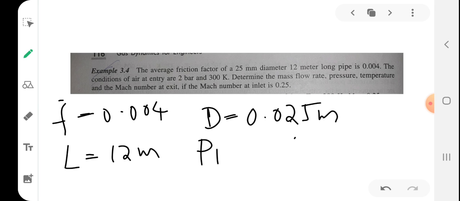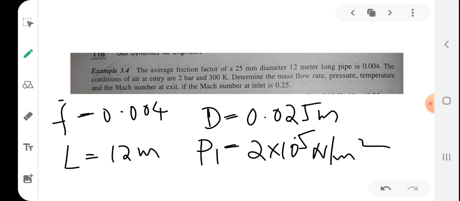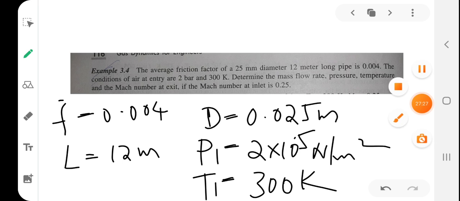Static pressure P1 is 2 bar, that is 2 into 10 to the 5 Newton per meter square, and T1, static temperature, is 300 Kelvin. Determine the mass flow rate, pressure, temperature, and the Mach number at the exit.